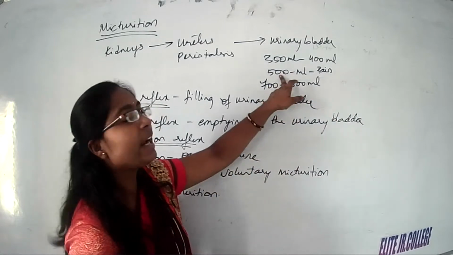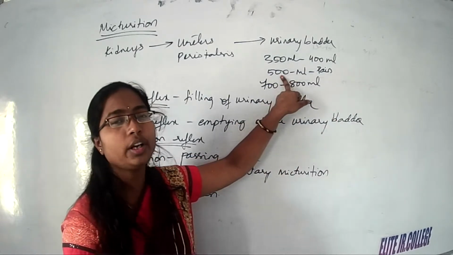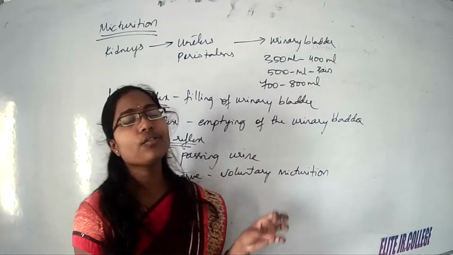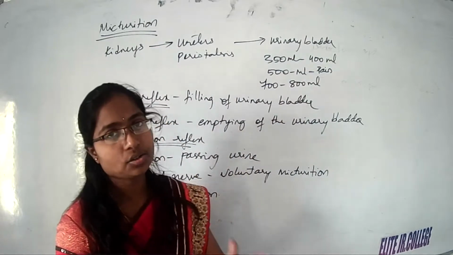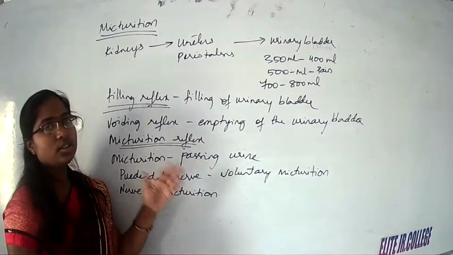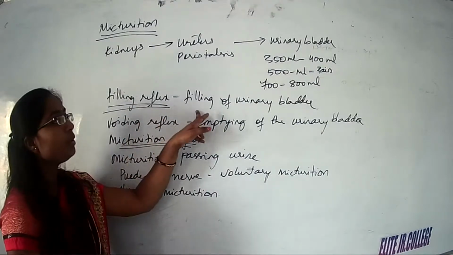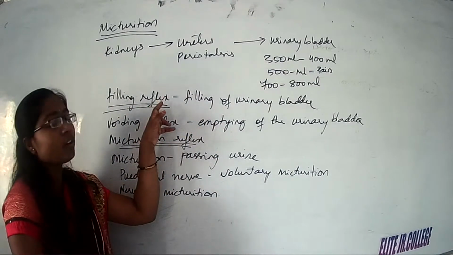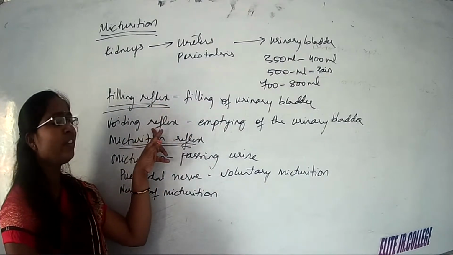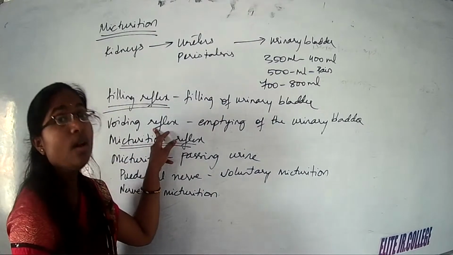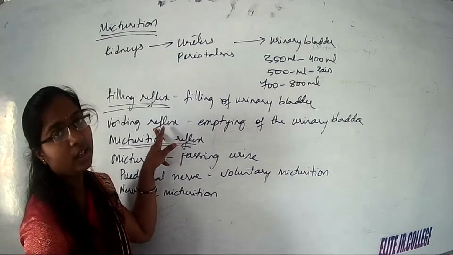But right after 500 ml of urine in the urinary bladder, severe pain is going to start. So the filling of the urinary bladder is under the control of the filling reflex, and the voiding reflex is the one which is going to stimulate the urinary bladder emptying.